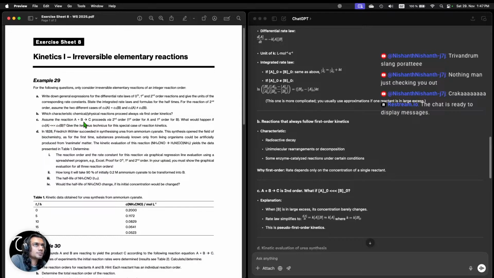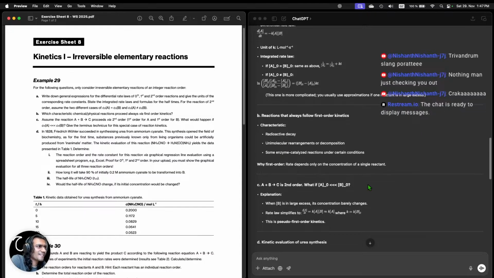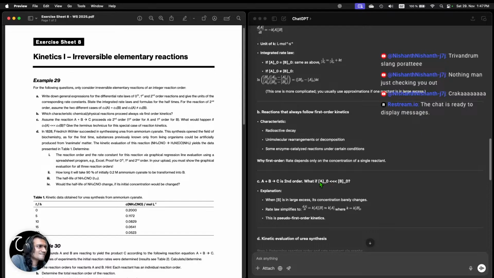Assume the reaction A plus B gives C proceeds through second order, first order for A and first order for B. What are these? Is it the concentration? I think it's concentration, yeah. Give the terminus technicus for this special case of reaction kinetics.